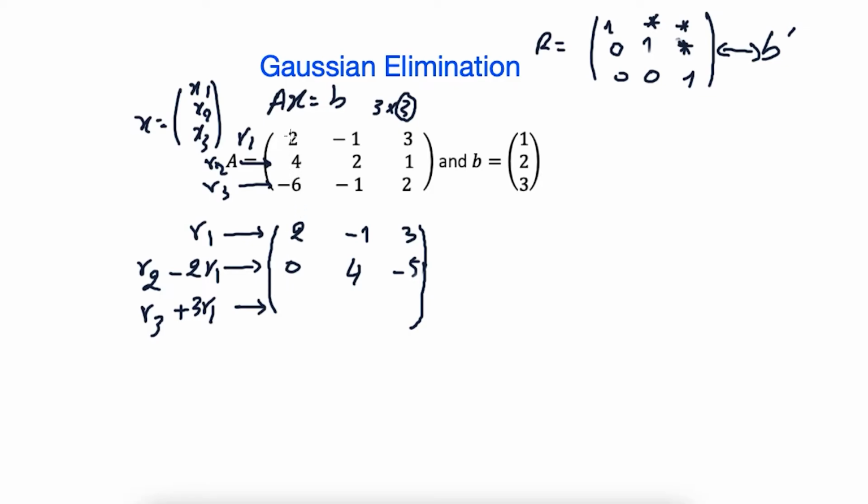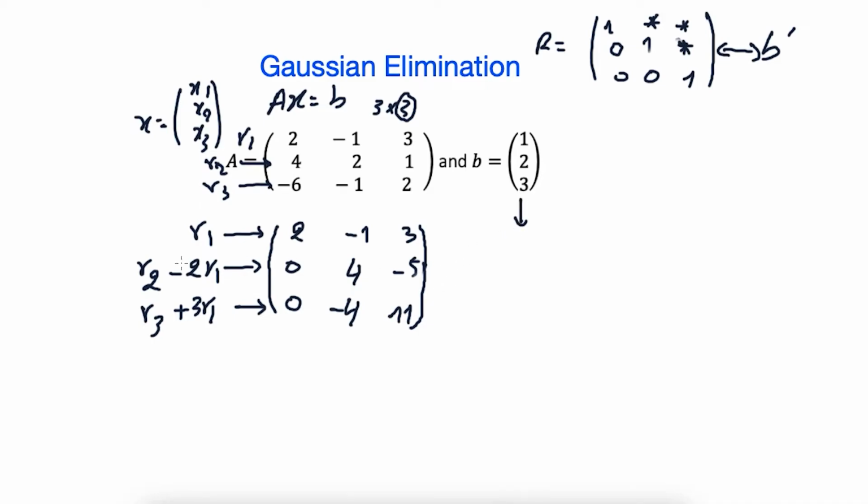Here minus 6 plus 6 is 0, and here minus 1 plus 3 times minus 1, which is minus 3, so minus 1 minus 3 is minus 4, and here we have 2 plus 3 times 3, which is 9, so 2 plus 9 is 11.